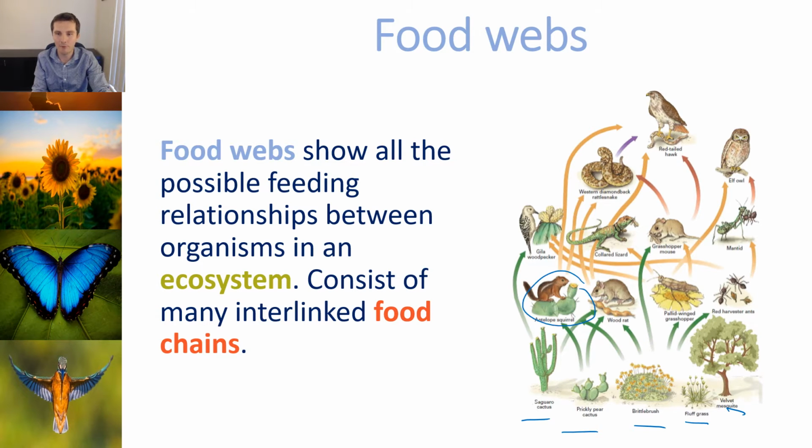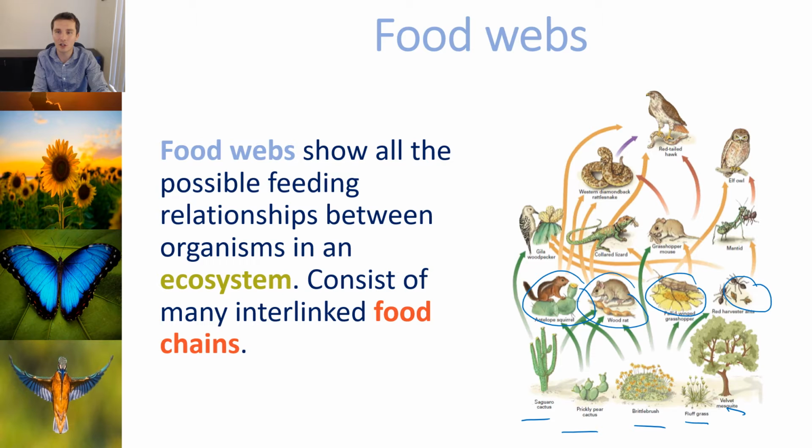We then have 4 primary consumers. This one here is also a primary consumer, and so is this. They also act as secondary consumers because they're omnivores. Then we've got these secondary order consumers, your third order consumers, and then your quaternary consumer up here, which is consuming these ones.